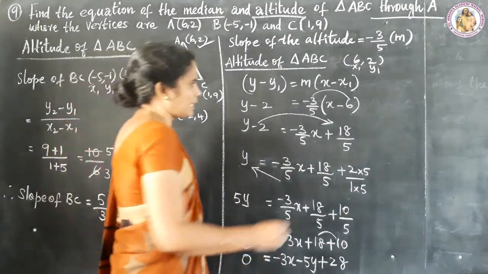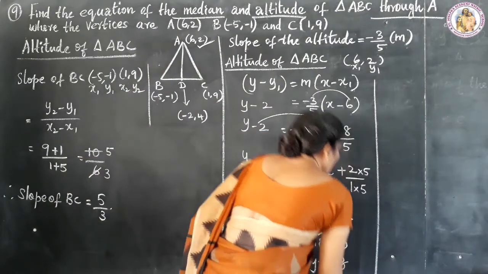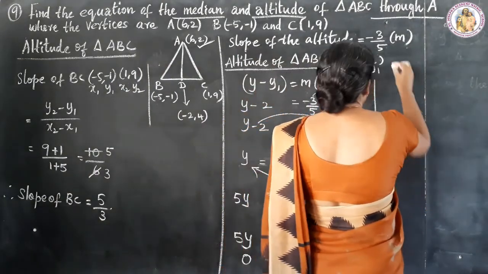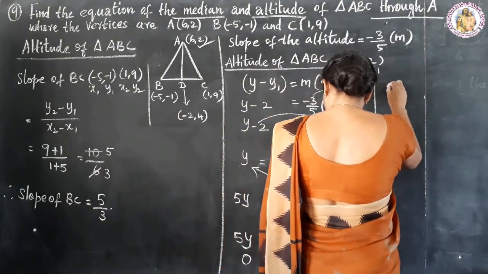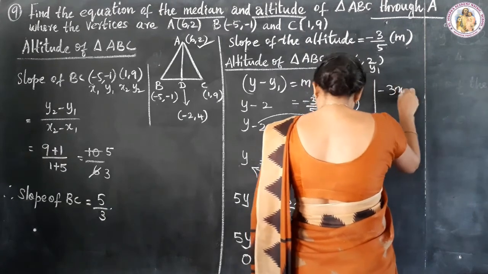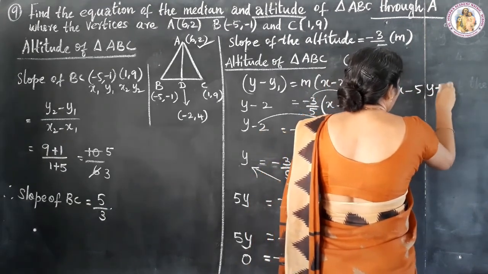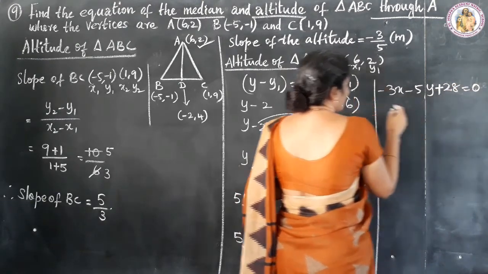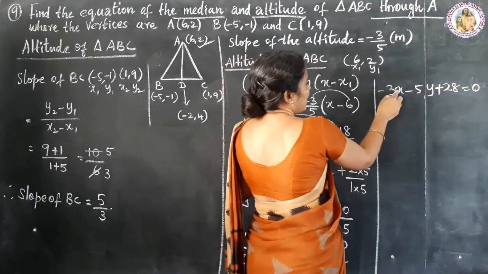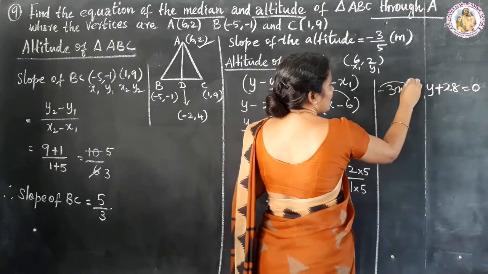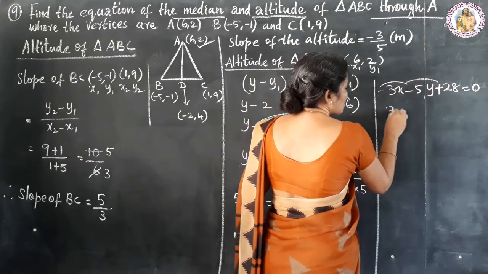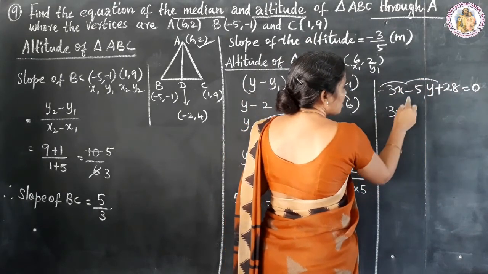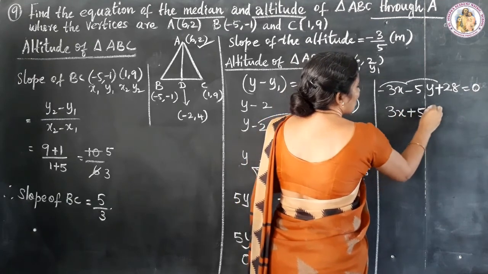So the equation of the altitude of the triangle is minus 3x minus 5y plus 28 is equal to 0. Here you can see x is negative, so to remove the negative before x, rewrite the equation as 3x plus 5y.